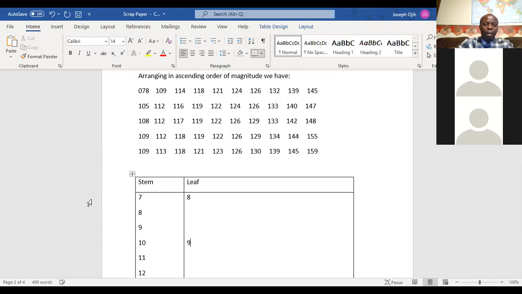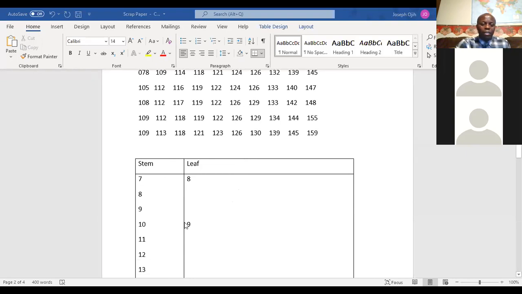Then next is 114, where 11 is the stem. Don't do anything with the 8 and the 9. Just leave it blank, because there's no number there, but you still have to put them there to show that you get 8 before you get 10. Like a placeholder.